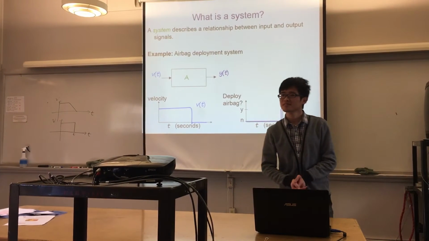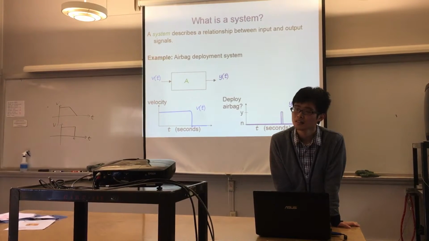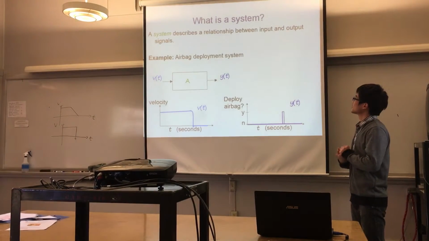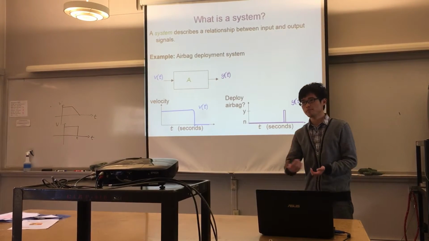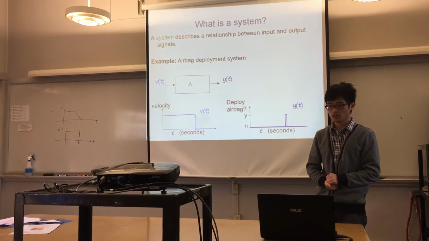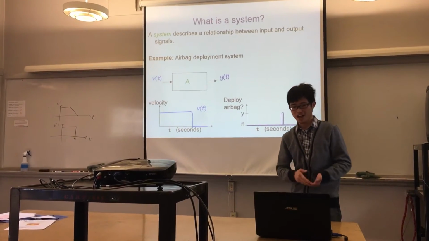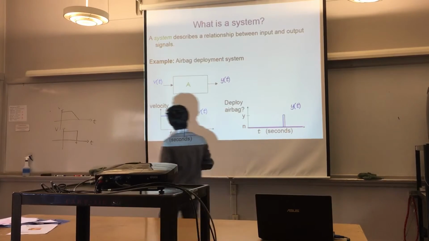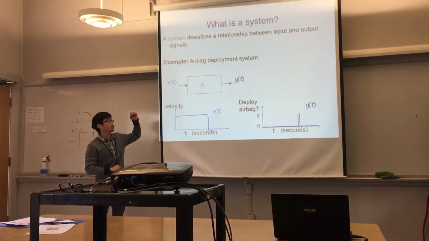Alex? How does airbag deployment describe a system? You first must have an understanding of what a system is. The system describes a relationship between input and output signals. For the airbag deployment system, can you tell me what the input signal is?